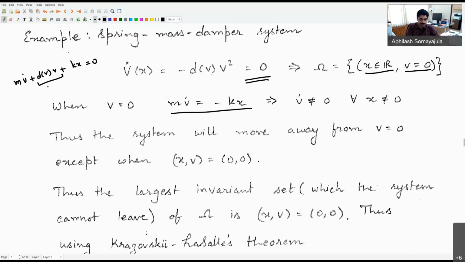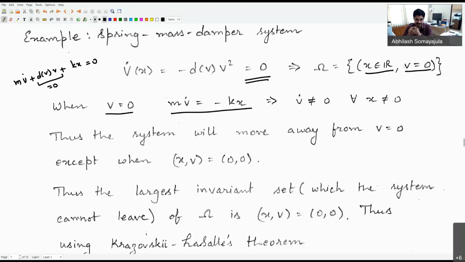This term is anyway going to be 0 because v is 0. So what will be left is m v dot is equal to minus kx. Which means if I start at any non-zero x, v dot is not equal to 0. Which means I'm moving away from that set. If I start at that point, over time v will no longer be 0.